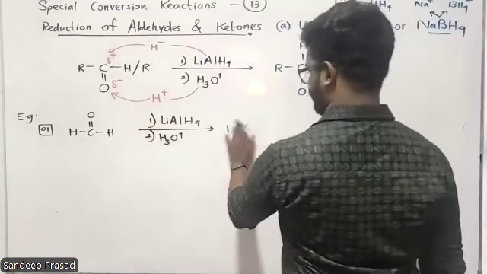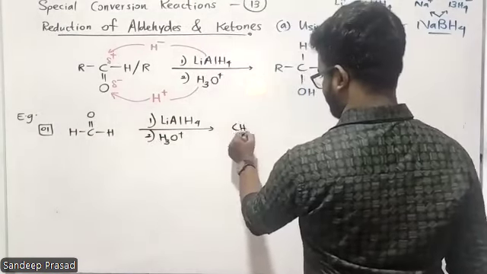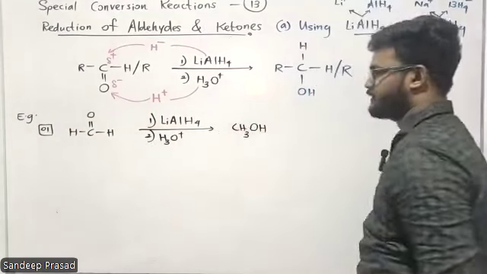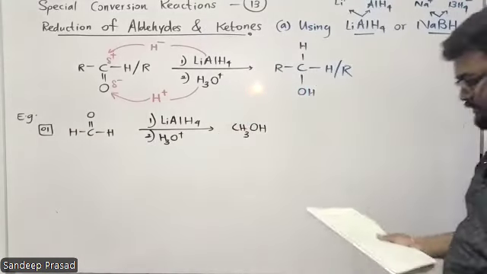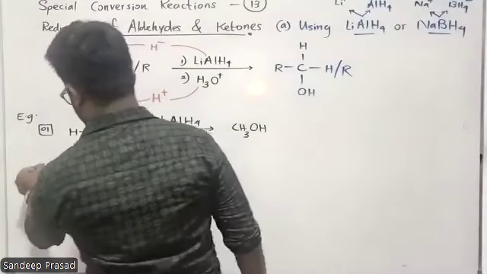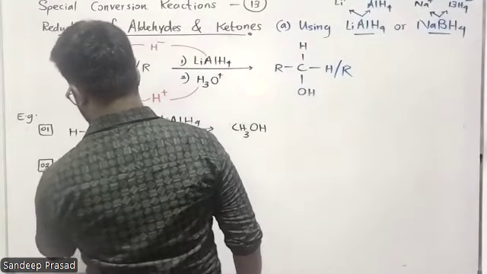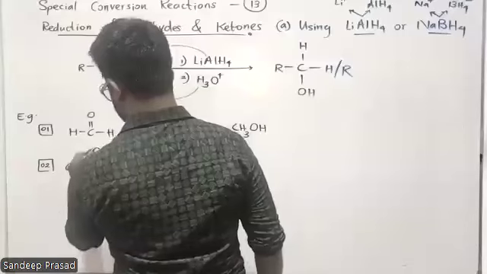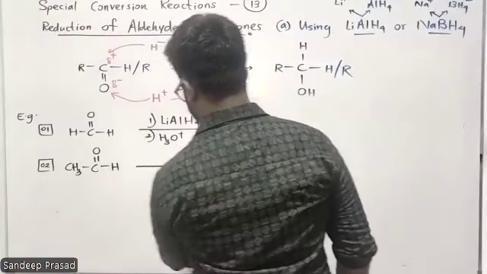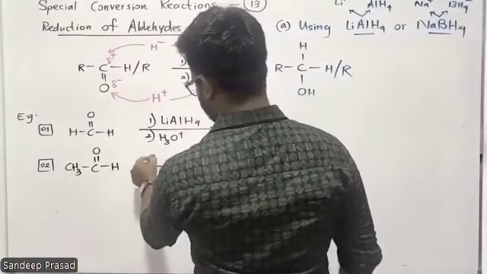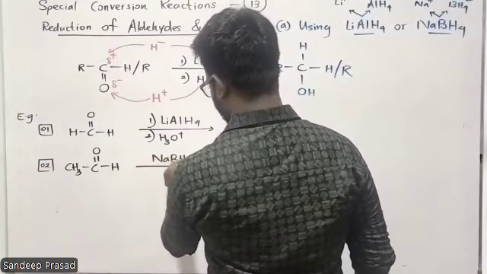This is producing CH3OH, methanol. Number 2, just imagine we have an aldehyde like ethanal. Remember, students, we can use sodium borohydride also.